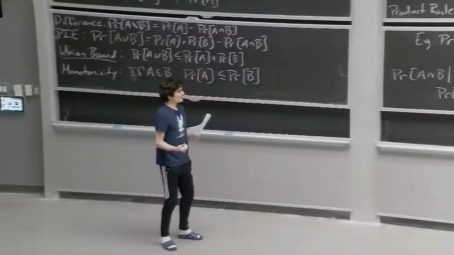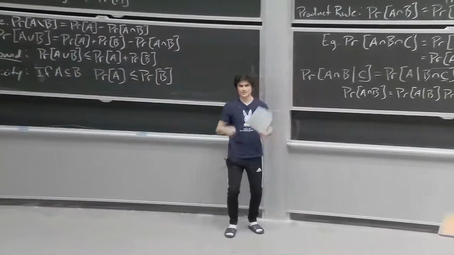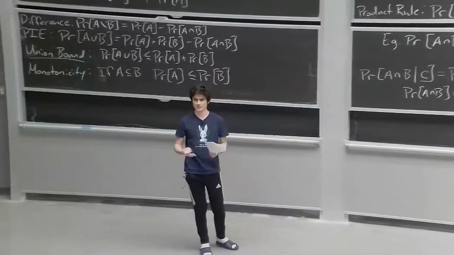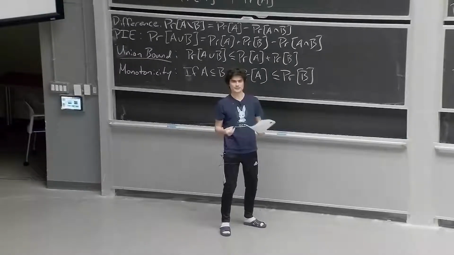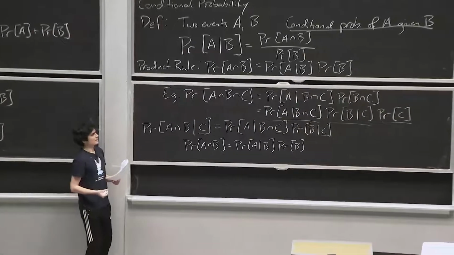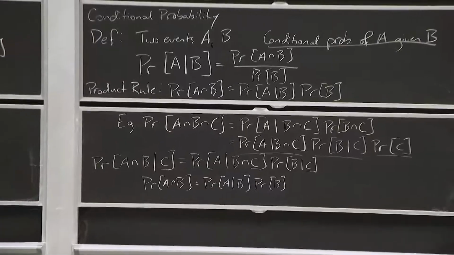So basically what we're saying here is this is the product rule in the probability space where we're assuming C. It's the product rule conditioned on C. Does that make sense to everybody? And we can obtain it from the previous line just by dividing out by the probability of C.